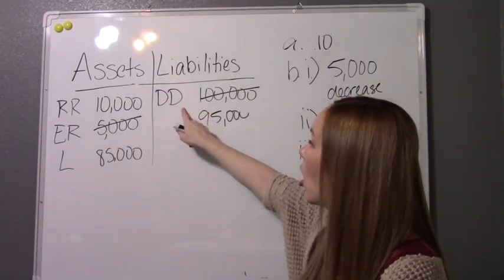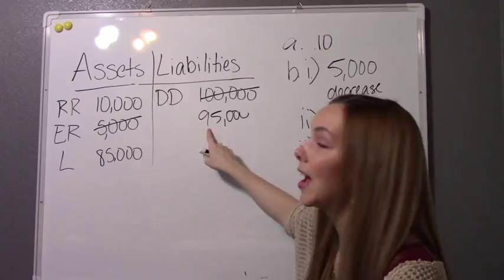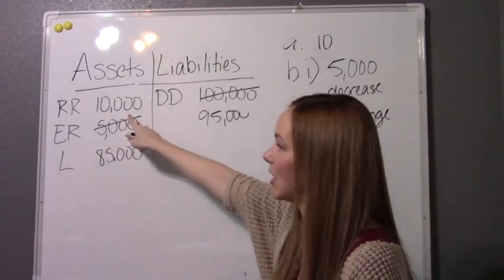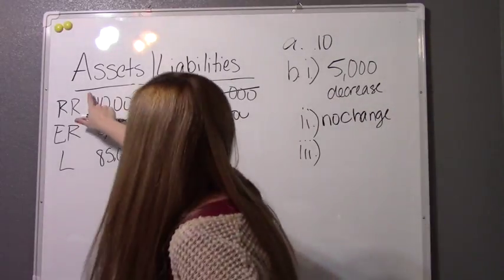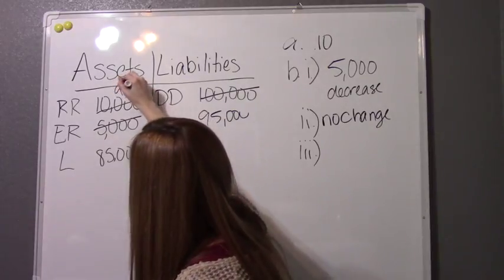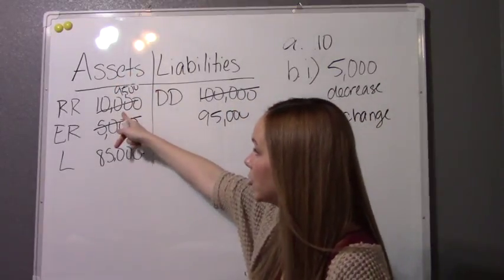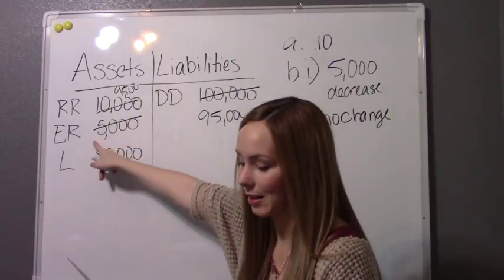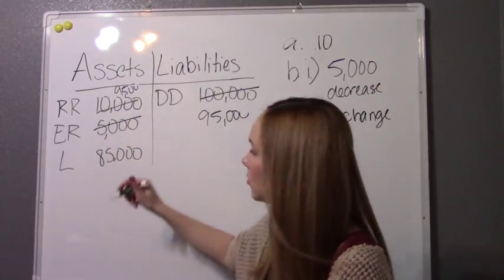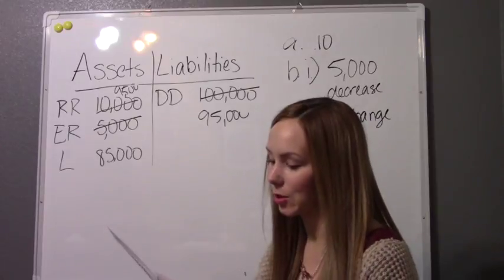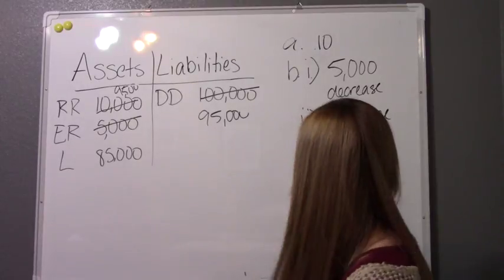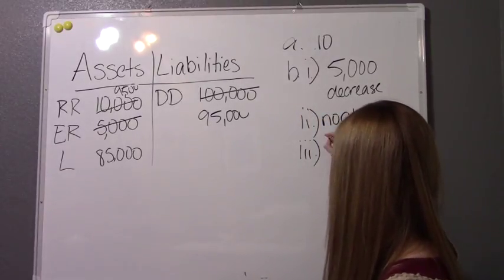But now our demand deposits are only $95,000, which means we don't need $10,000 here anymore. We only need $9,500. So where's that extra $500 going to go? It's going to go to excess reserves. So the new value of excess reserves is $500.